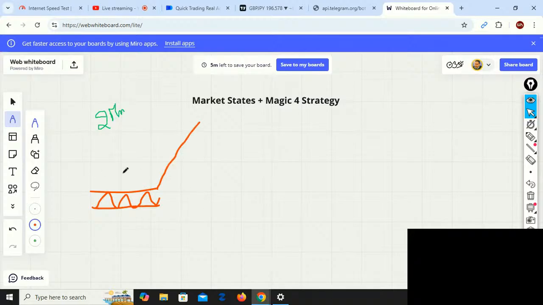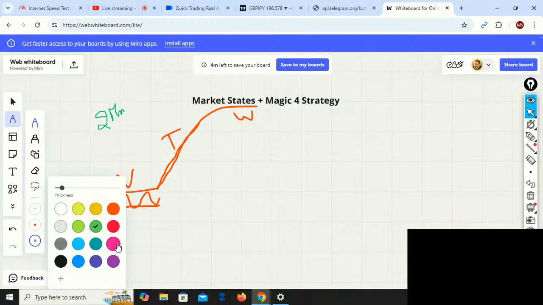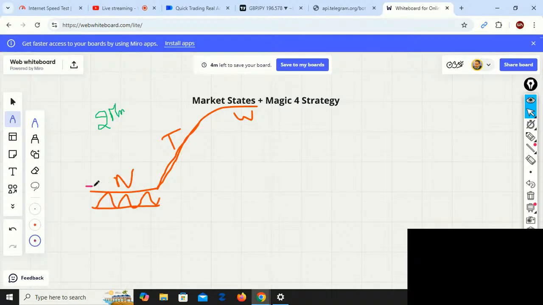From this point, it has only two things to do, either to go up or down. So you have your trending state up to a wide state, so narrow state, trending state, and here you have a wide state. Why do we call them narrow and wide? Because we measure this space situation based on the 200 simple moving average. So this is your 200 SMA.